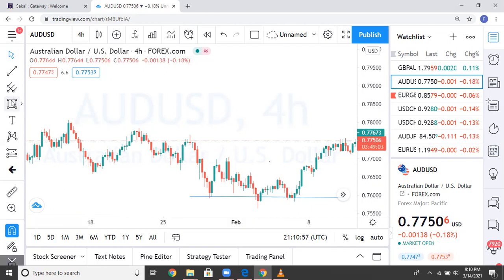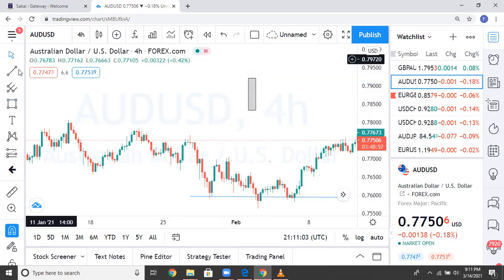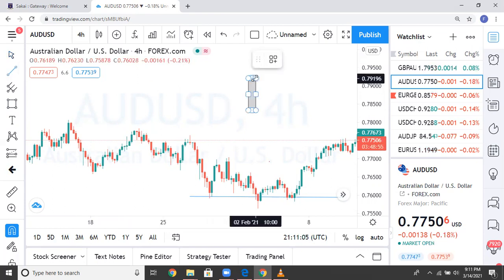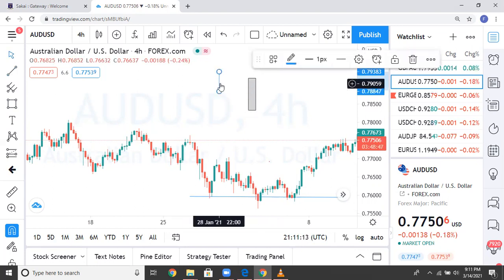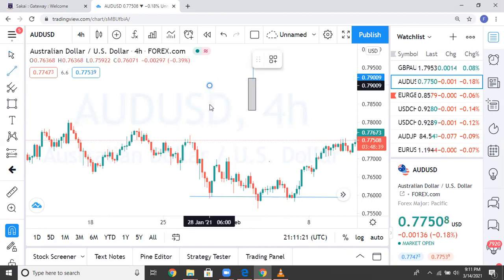When I talk about engulfing, I hope you all know engulf. Engulfing is a reversal candle. So engulfing is something like this.